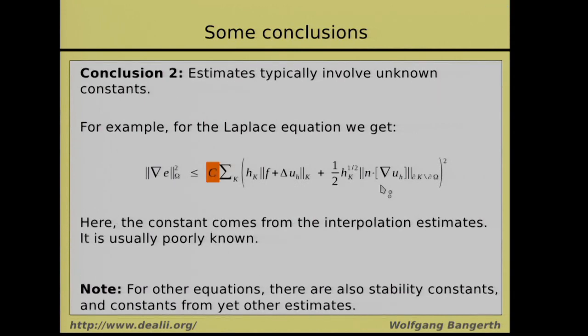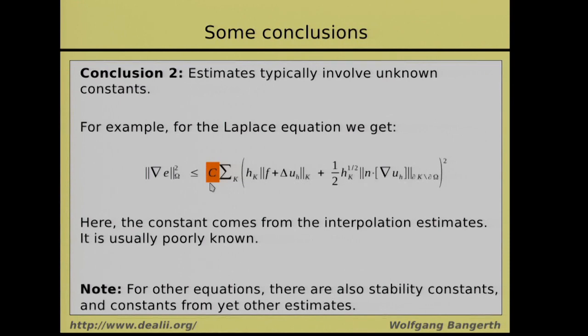Secondly, if you go back to where this constant came from, this C that we have here, that in the case that I showed you for the Laplace equation came out of these interpolation estimates. And we can compute upper bounds for this. So for, let's say, linear triangles, we can show that the C is bounded by something that has to do with the interior angle of the worst triangle in the mesh.